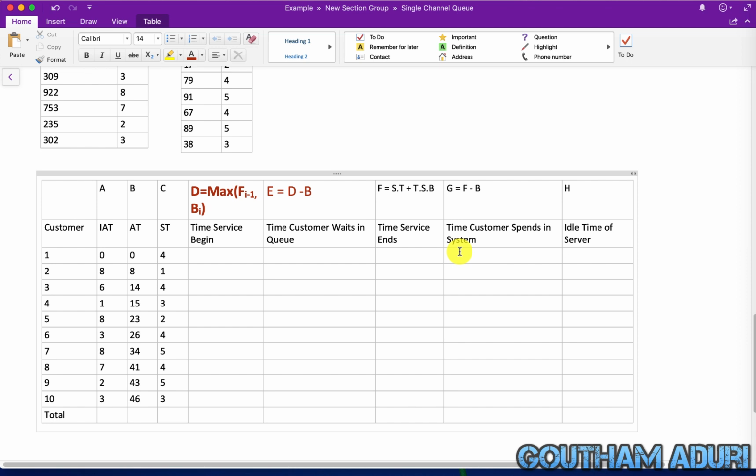So it's nothing but the time service begins of the next row, I mean I, and the time service ends of the previous one.